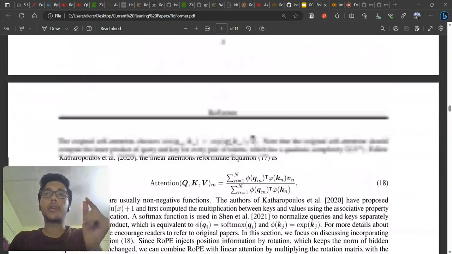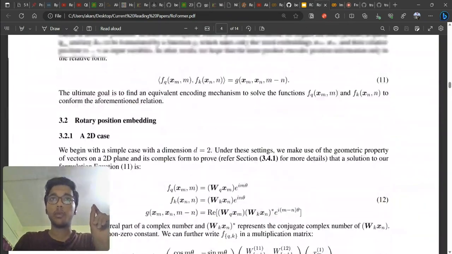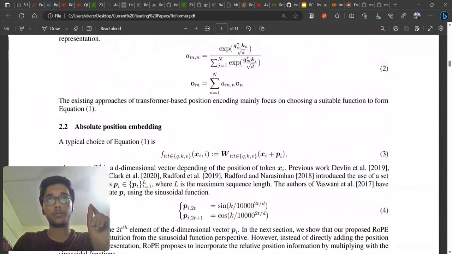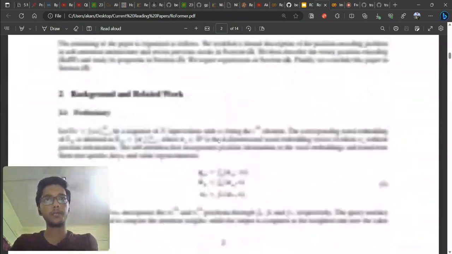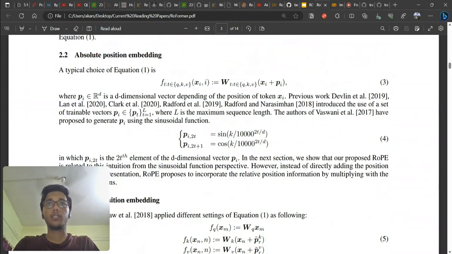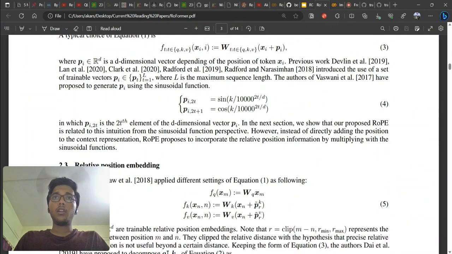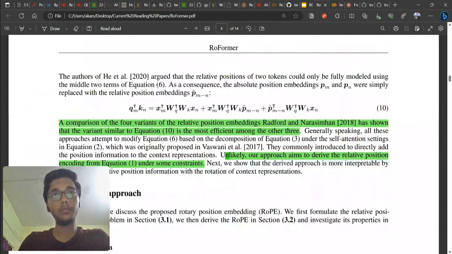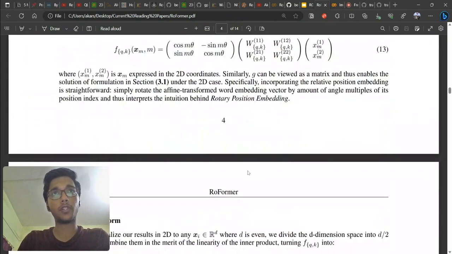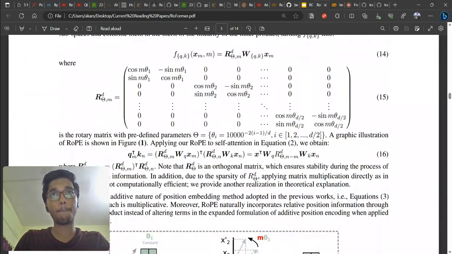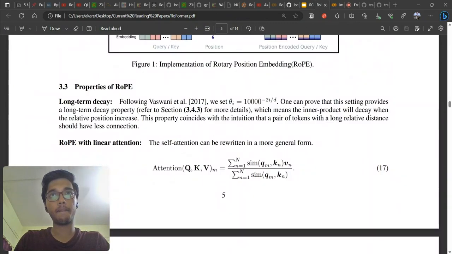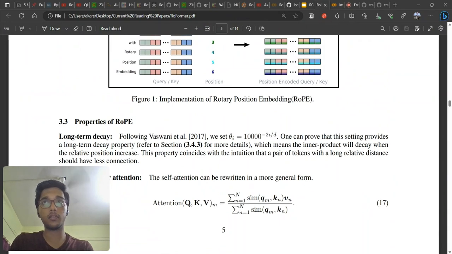This theta is inspired from the original attention paper.